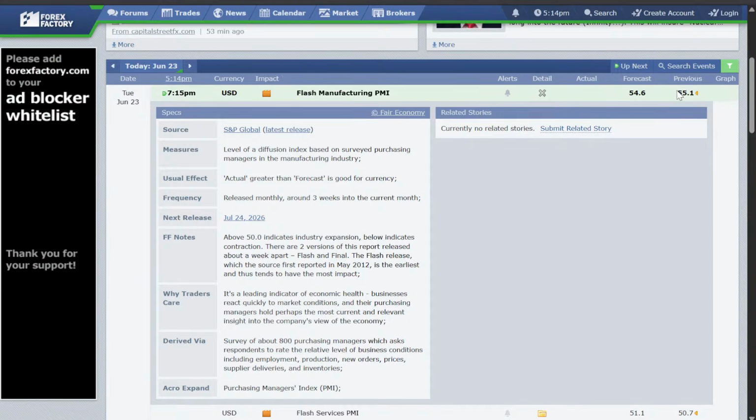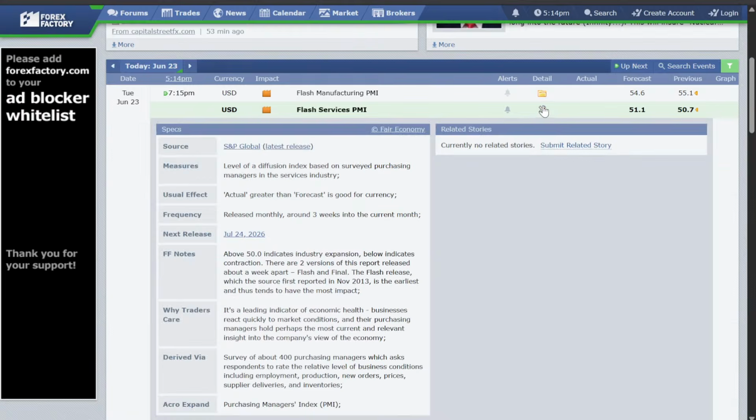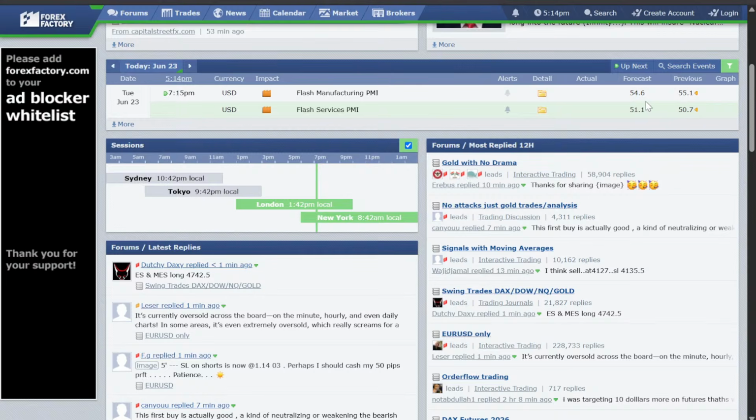Flash PMI today, so maybe we will see a move over there. Move expected to go.